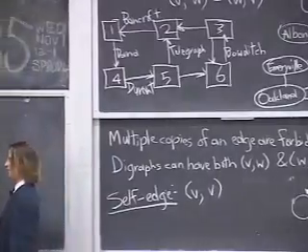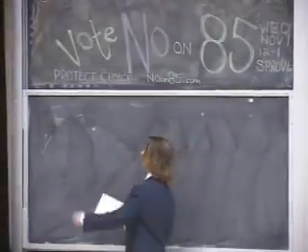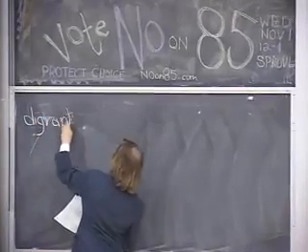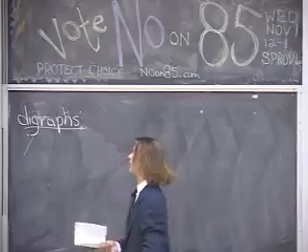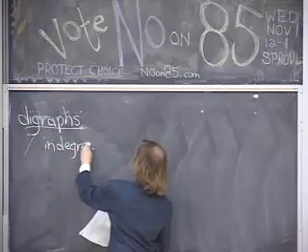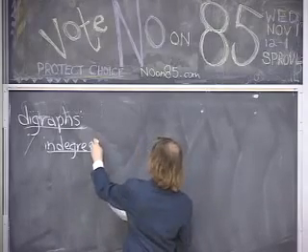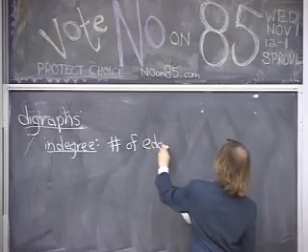Okay, to punctuate what I was just saying, in a directed graph, we have in degree and out degree. So the in degree of a vertex is the number of edges directed toward the vertex.